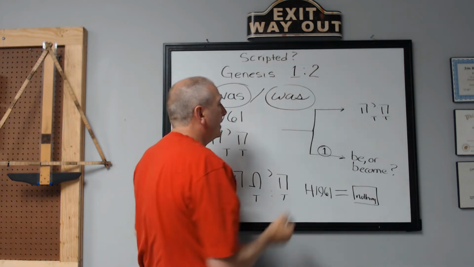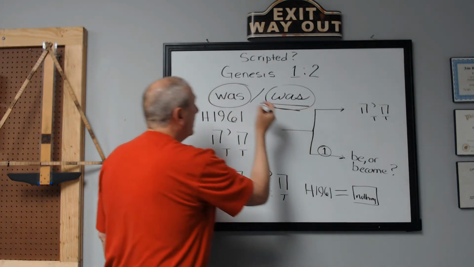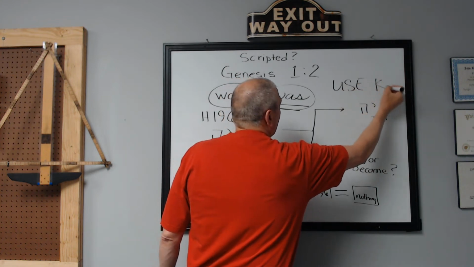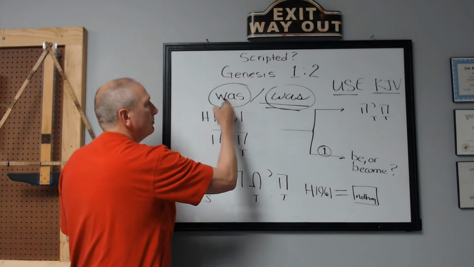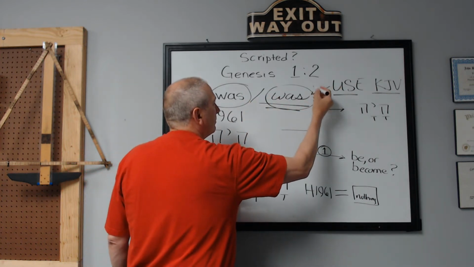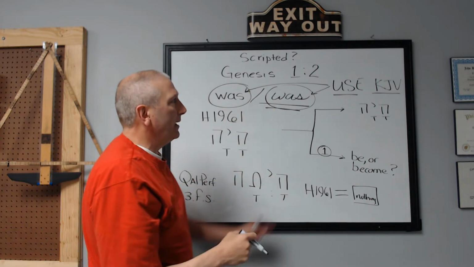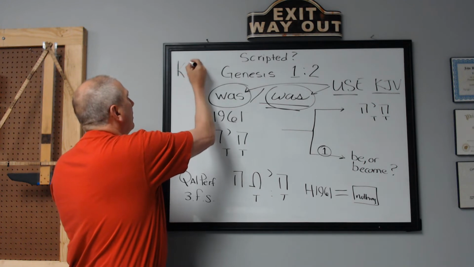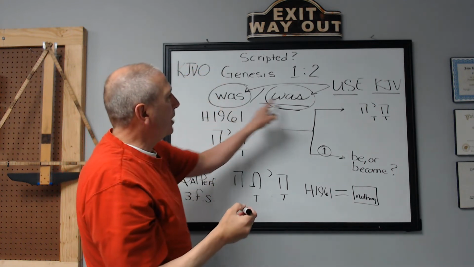Now that's a big question, because when you're scripted by the text and you become a USE KJV, then even this has to speak to you. You would have to notice that if you're a USE KJV. Now, if you're just what I call KJVO, it doesn't mean you would notice that at all.